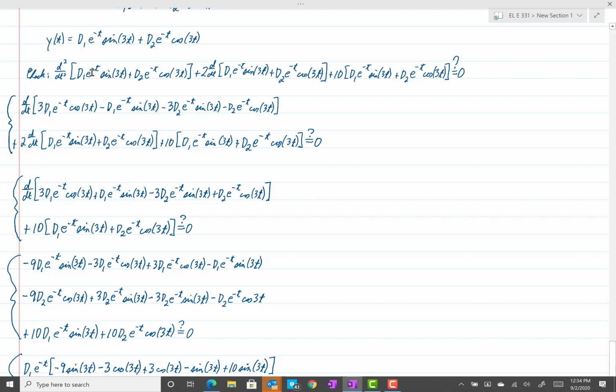So this is d squared y dt squared plus 2 dy dt plus 10y equals question mark 0. And so when I expand all of this out, I'm going to rewrite the second derivative as the derivative of the first derivative. So this bracketed term right here represents the first derivative of this.